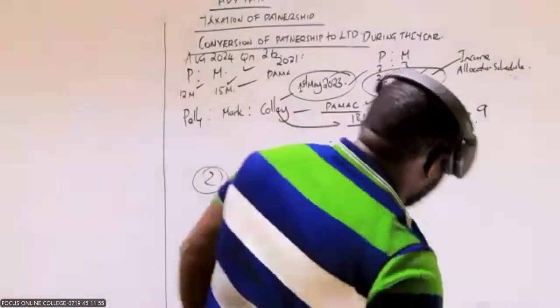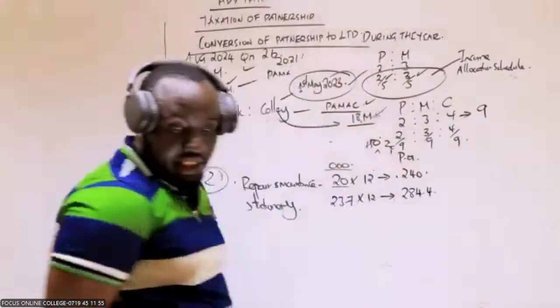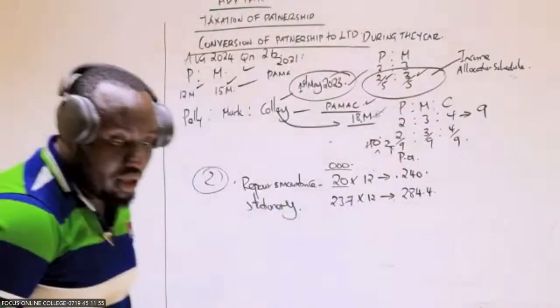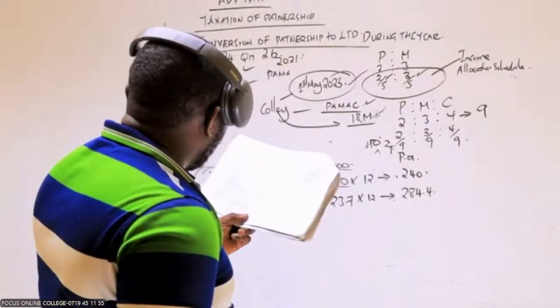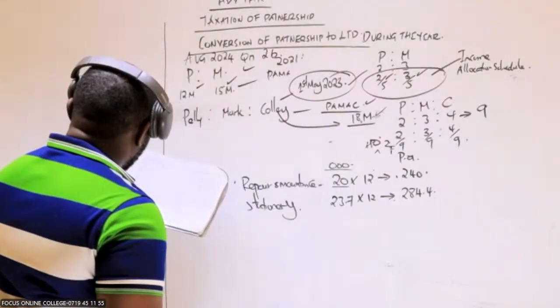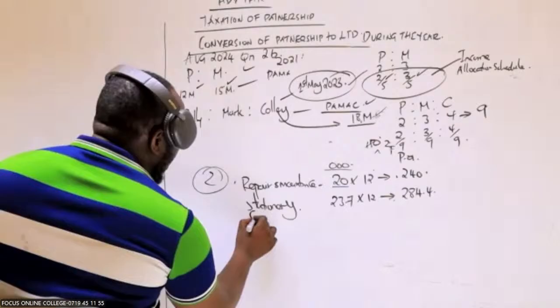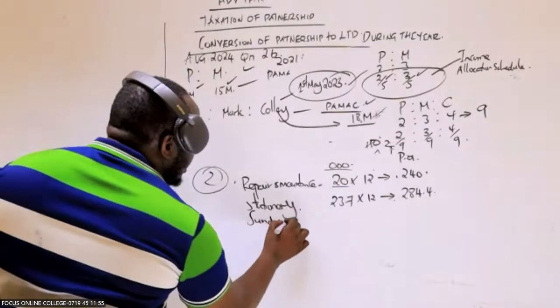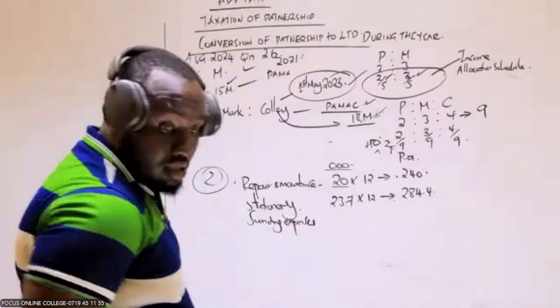Per annum, we have 284.4. Then we have the next, what we call sundry expenses. Is that an allowable or non-allowable expense? That's allowable.